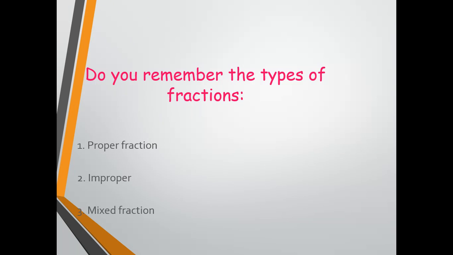We have 3 types: the proper, the improper, and the one we call the mixed fractions. So many people call it the mixed fractions, but I call it the mixed numbers. Can you say that to yourself? Mixed numbers. Again, mixed numbers.